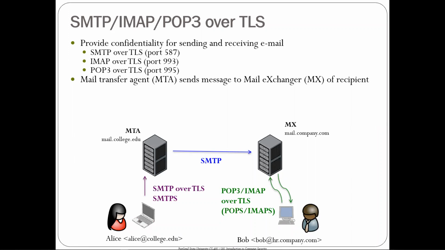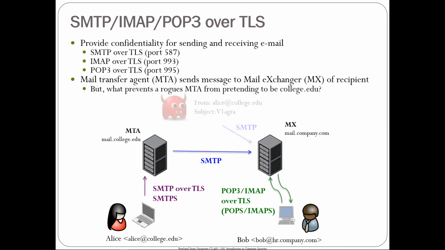Okay, so that gives you confidentiality, at least between the endpoints and the mail exchanger or the mail transfer agent. So that solves that problem. What it doesn't solve, though, is what happens if some rogue mail transfer agent decides that it wants to pretend to be Alice, a legitimate user.